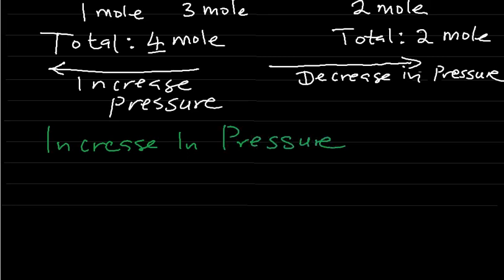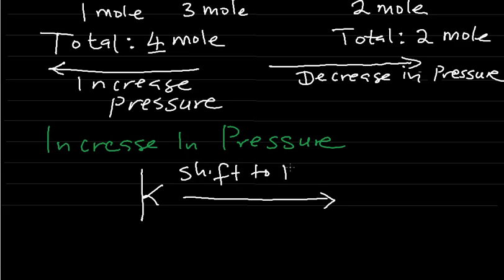If there's an increase in pressure, then you know exactly where the equilibrium will shift. The equilibrium will definitely shift in the direction that leads to a decrease in pressure. So the equilibrium will shift to the right, which will lead to more production of ammonia. So more production of ammonia will be favored.